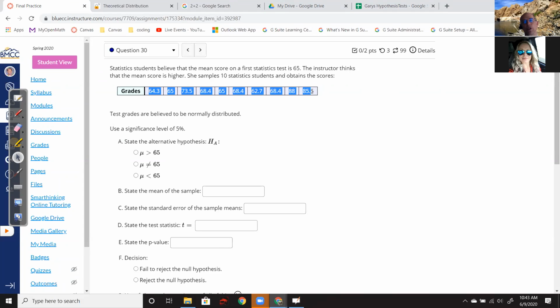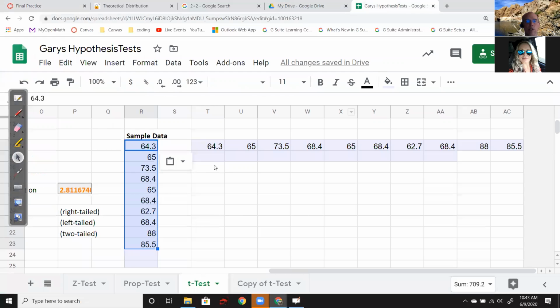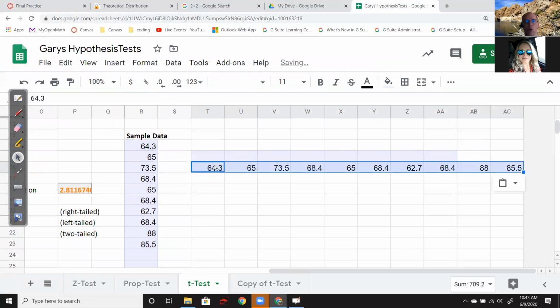So don't let go of your touchpad or mouse until you just barely grab that last number. Then Control C to copy. And then hopefully when you go back here, Control V for paste works. Okay. Is that any better? Yep, okay.